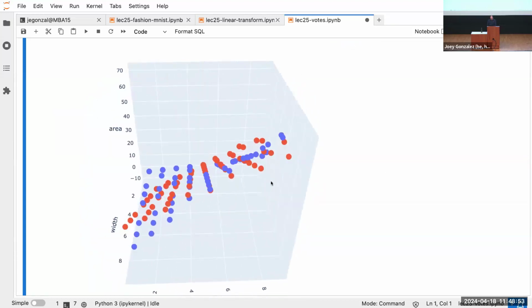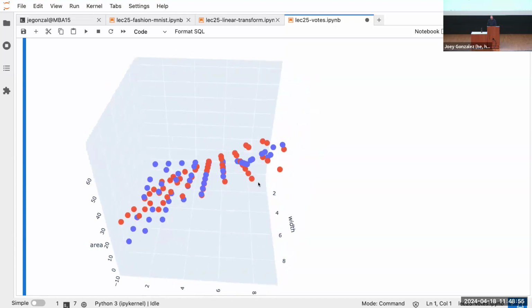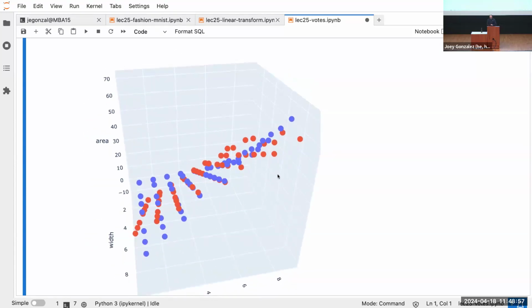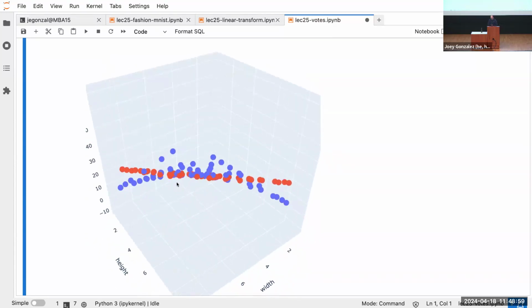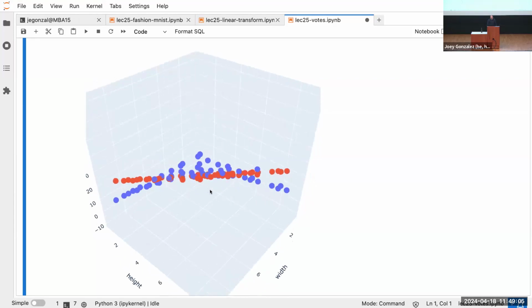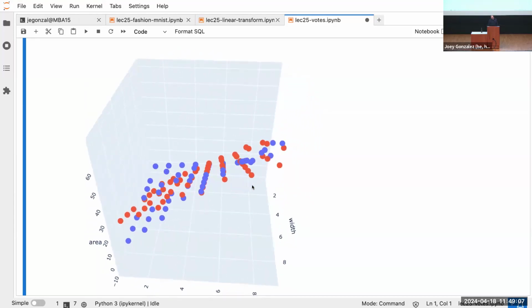It's on that blue kind of Pringle-shaped curve. And the red dots are my approximation. I've projected onto that plane that more or less fits that blue curve. If I reconstruct my data after bringing it down to 2 dimensions, I lose a little bit of information, because I'm doing a linear transformation. If I want to preserve information about area, I can't do that with just a linear transformation. So it's not perfect.